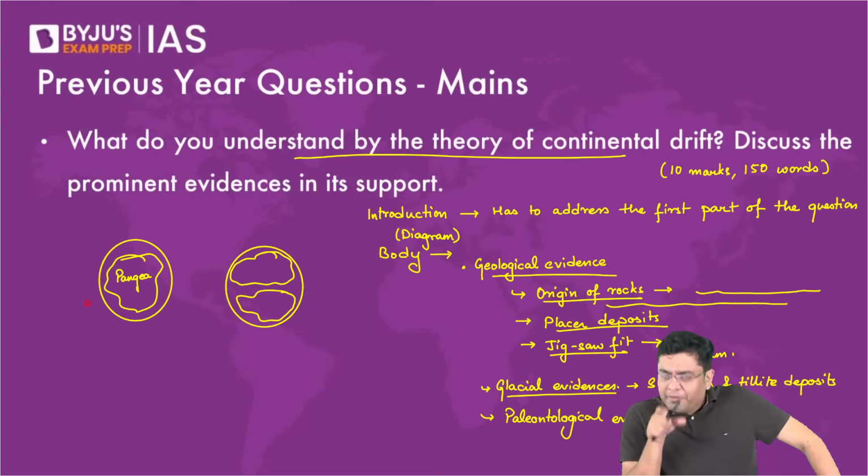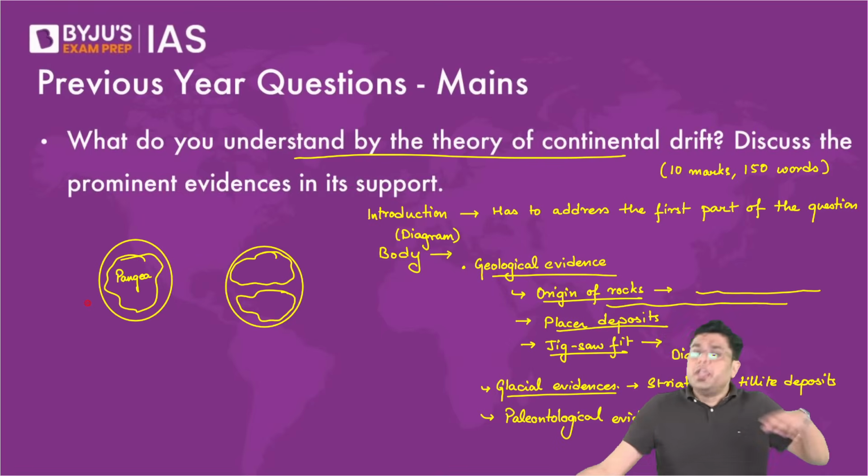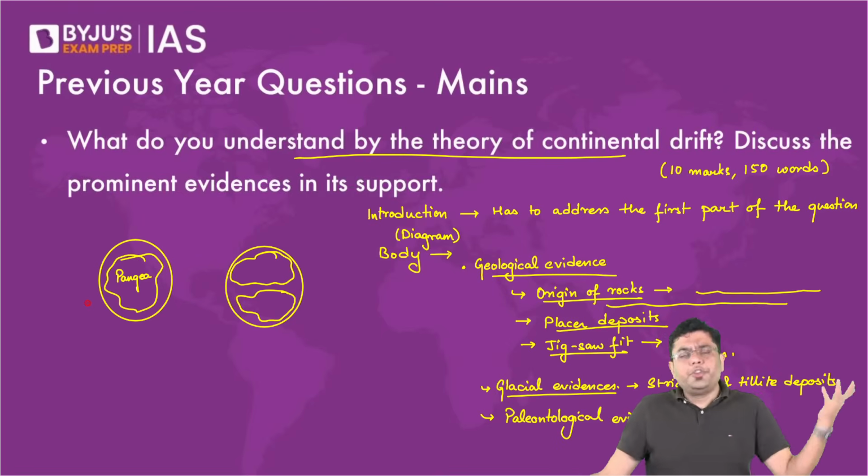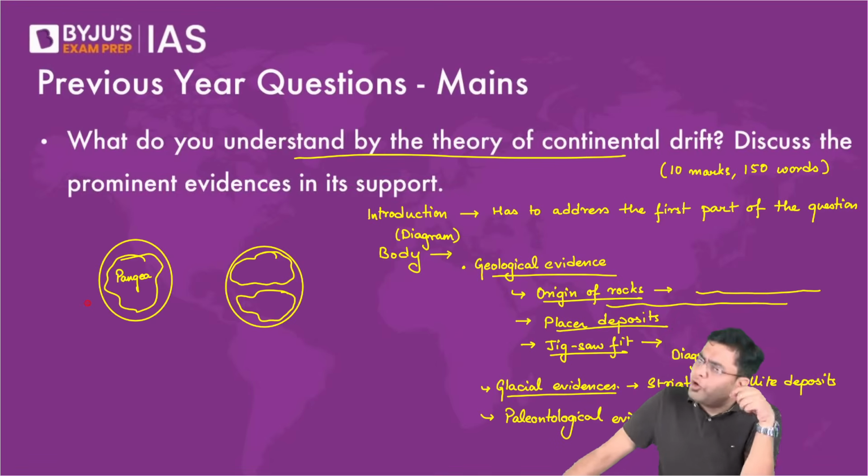Now, one final sentence in the body that you can write is: Wagner used various reasons, such as the tidal force, the force of buoyancy, and the centrifugal force to explain his theory. Right? That is it.